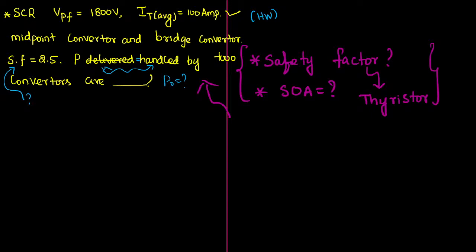There will be no changes in that, but you know what could be the difference between the midpoint converter and the bridge converter. We might have seen the major difference at some point. There will be some important points. If you remember those two points, it will be very easy to bring the answer for this question.